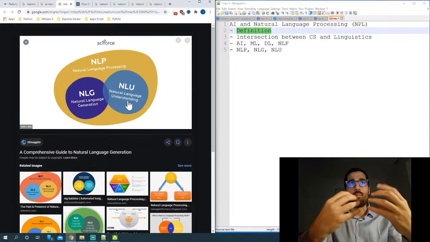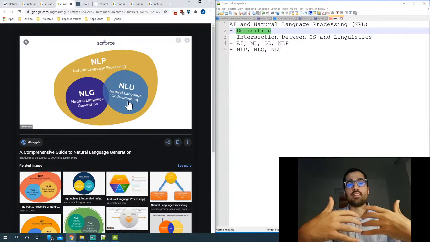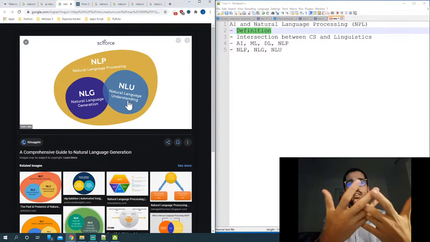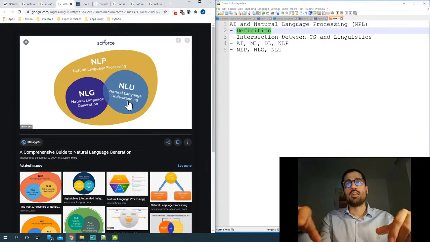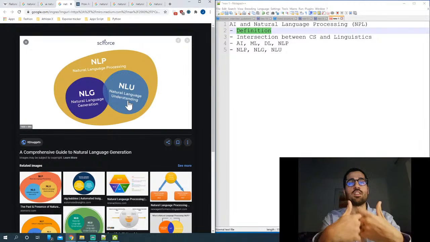So if inside that text there is a request, for instance, can you tell me the time right now? The machine has to understand that with this text, what the machine has to do is to call the function to get the time and give back the time to the user. So the machine has to interpret the text and understand the call to action from that query from the user.